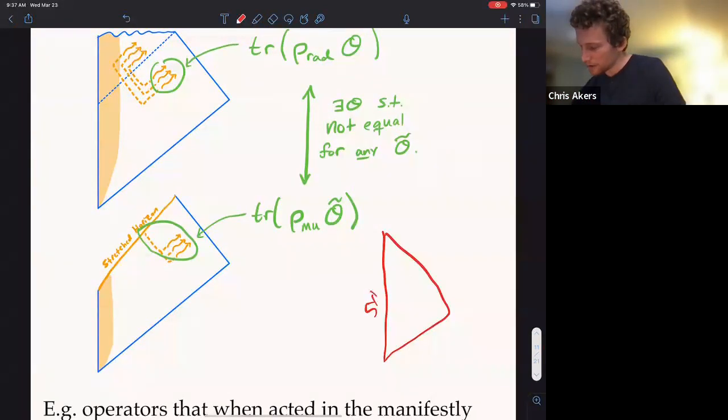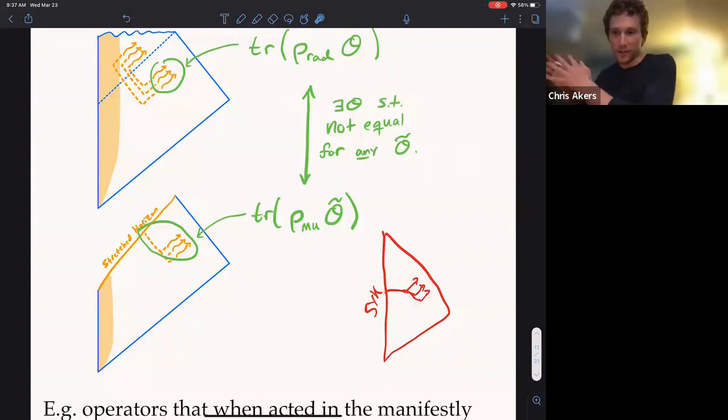So here I'm drawing an SYK system where this vertical line is its time direction, and this radiation is some radiation that exists in some bath that was coupled to it, and the SYK system, let's say, was dual to a black hole that was radiating that output this radiation.